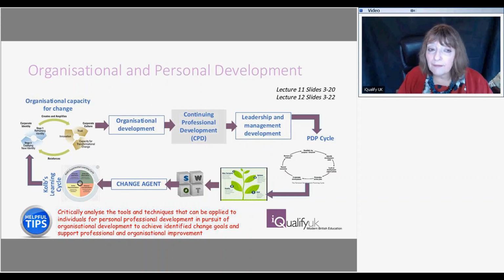And so our final helpful tip on this one is critically analyse the tools and techniques that can be applied to individuals for personal professional development in pursuit of organisational development to achieve identified change goals and support professional organisational improvement. So if you can answer that particular question, you'll be well placed to take on the next step and your role.